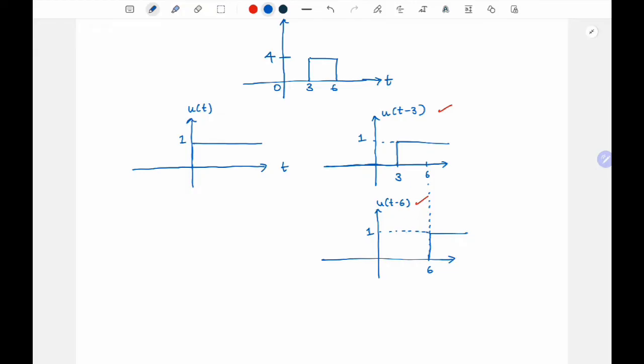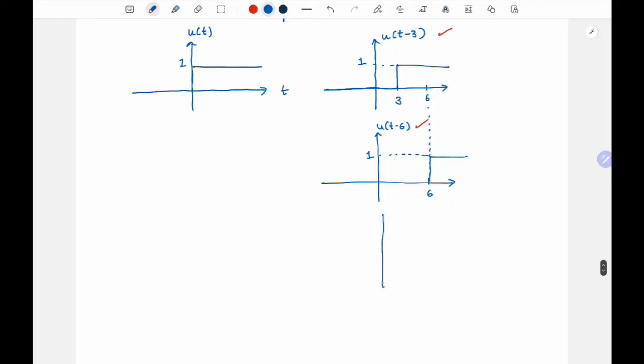Okay, so I need to consider 3 regions. This is the first region, t less than 3. For t less than 3, the first signal is 0 and the second signal is also 0, so their subtraction will give me 0 only.